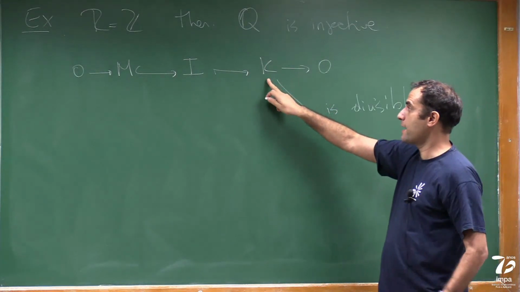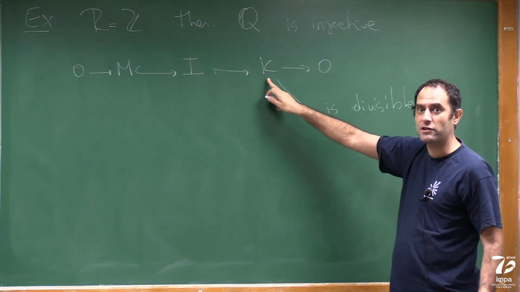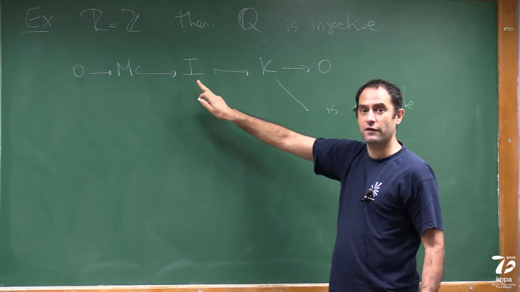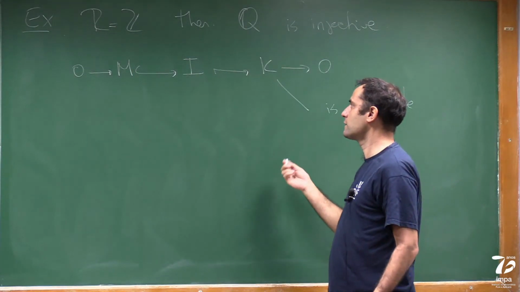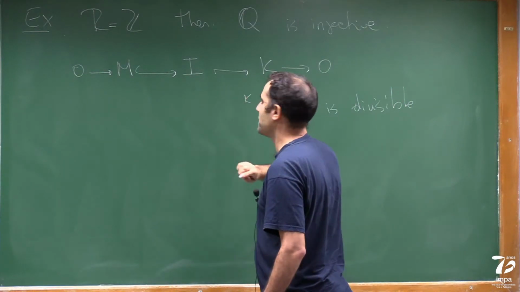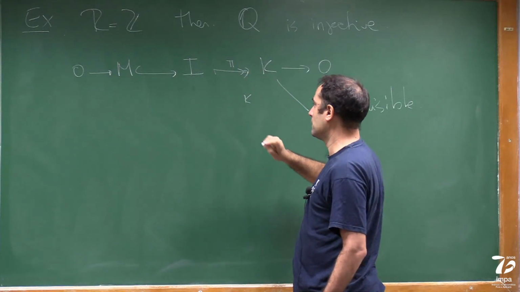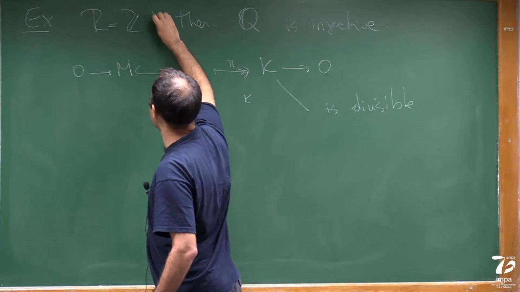Indeed, for any element here and any element of your ring, any integer, you just lift it to I. This is injective, therefore this quotient is divisible. Okay, let's prove that. So pick an element k here. This map is surjective by definition. And let's pick an element n here.